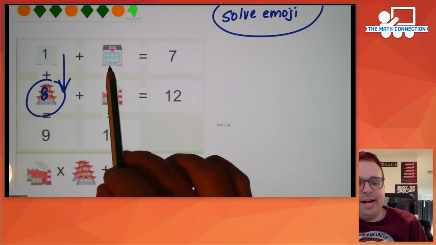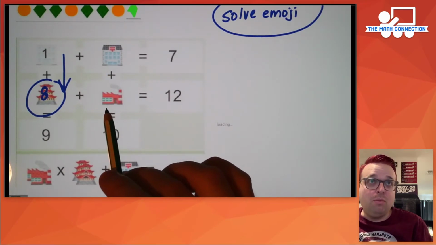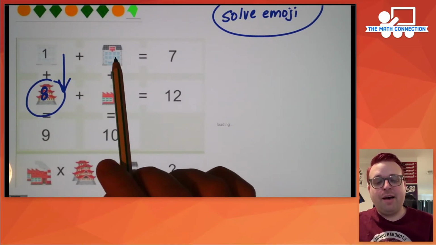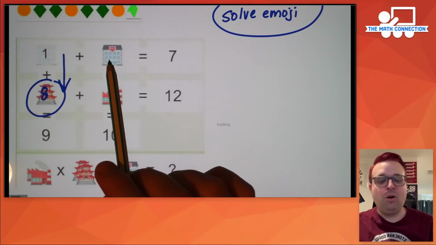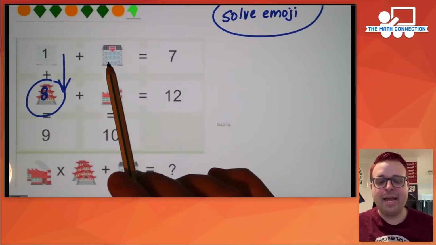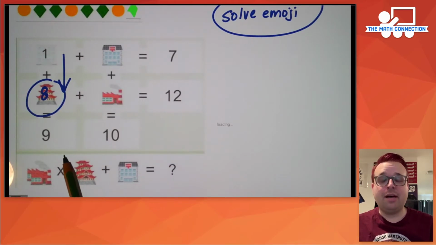And then we also need to figure out what the factory is worth. What's the numerical value of the factory, and the numerical value of what I can only guess is some kind of hospital or office building? I can't really tell, but this building with the little red sign on the top.